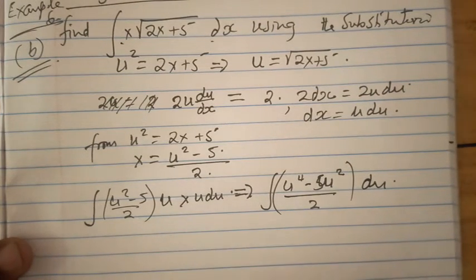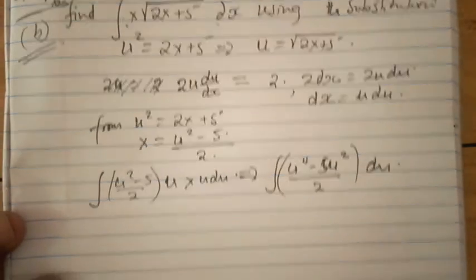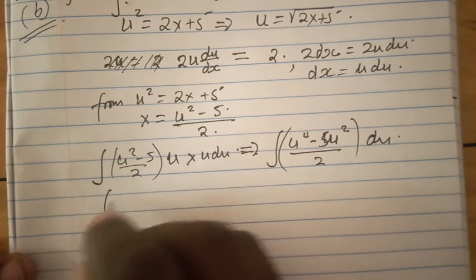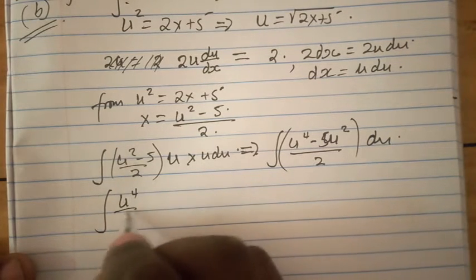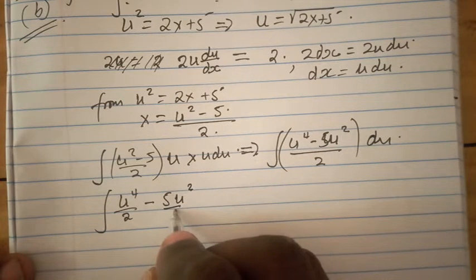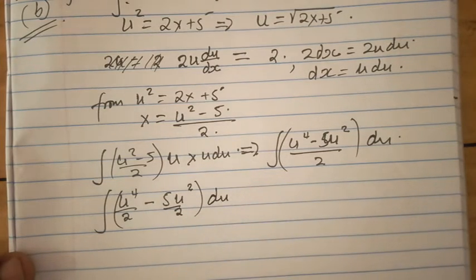Now separating the terms, since both share the denominator, we have the integral of u raised to power 4 over 2 minus 5 u raised to power 2 over 2, all with respect to u.